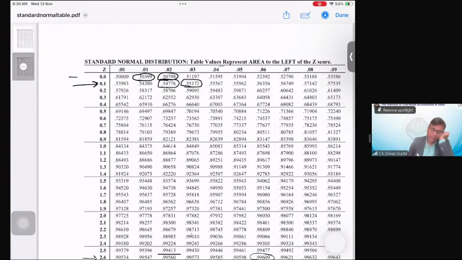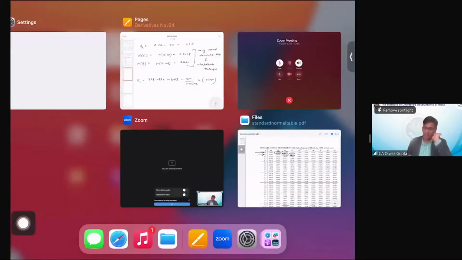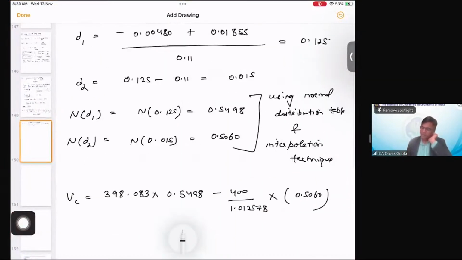And for N(D2), we are using the row highlighted at 0.01 and 0.02, which is 0.50399 and 0.50798. Okay, Nisha, is this okay? Yes, sir. Thank you, sir. Let's go back.